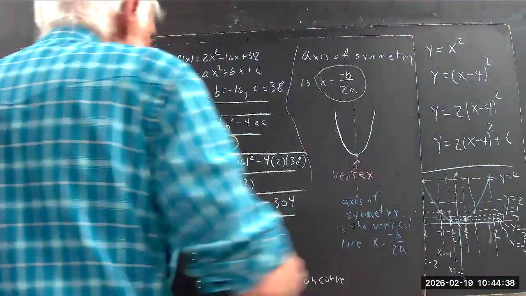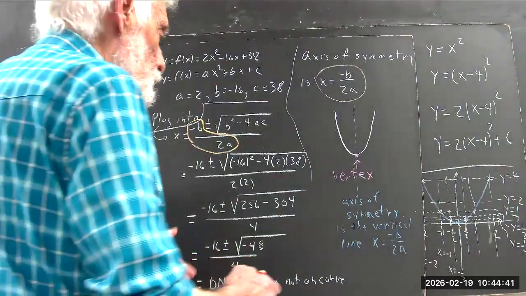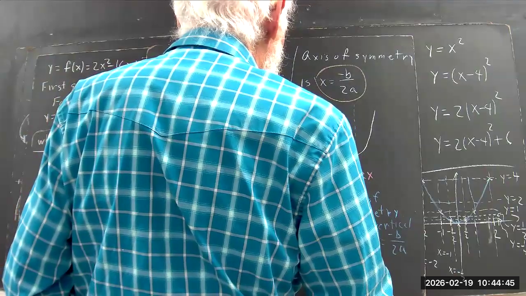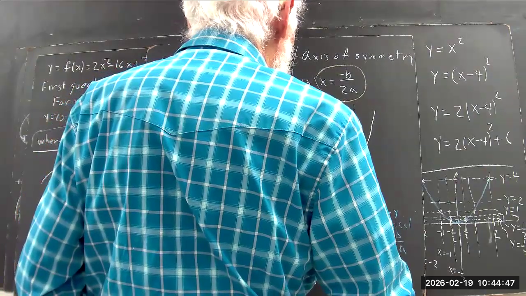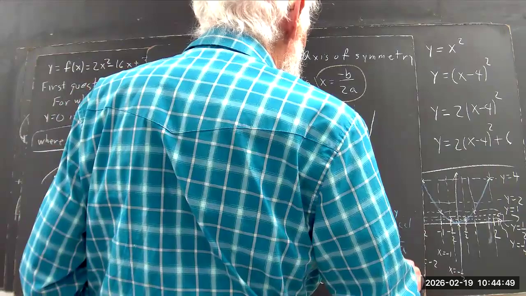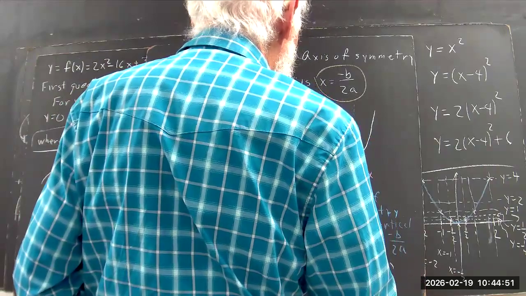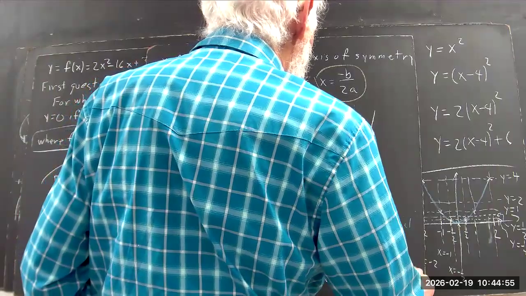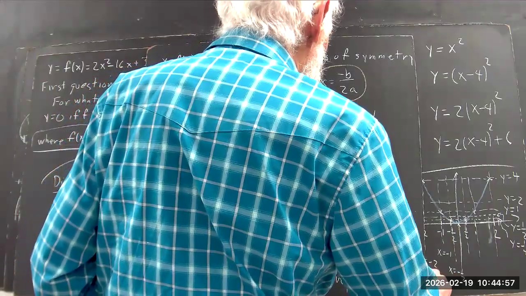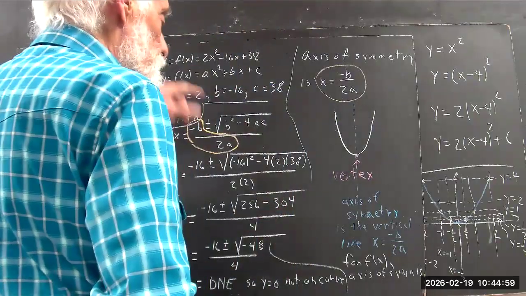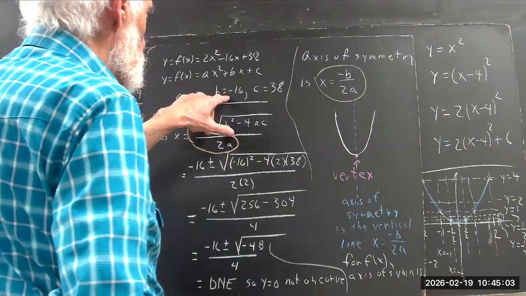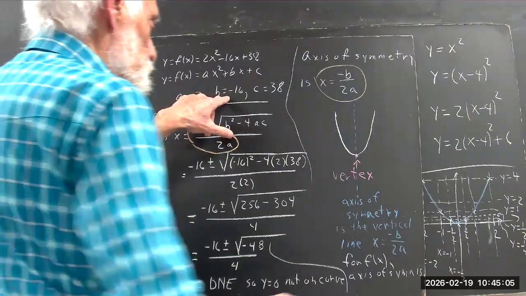Okay, well, let's just do this now. For this f of x, the axis of symmetry is negative b, well, b is negative 16.